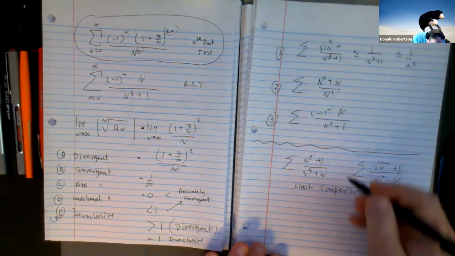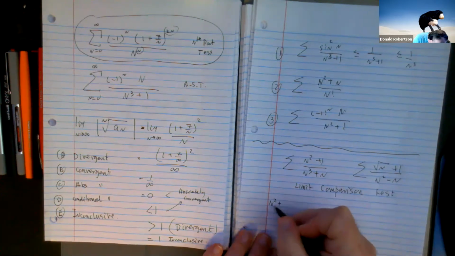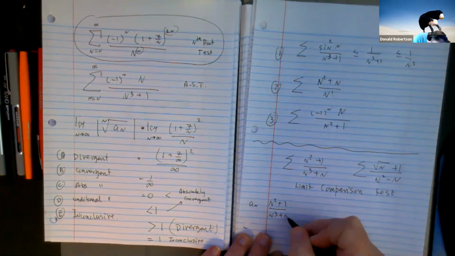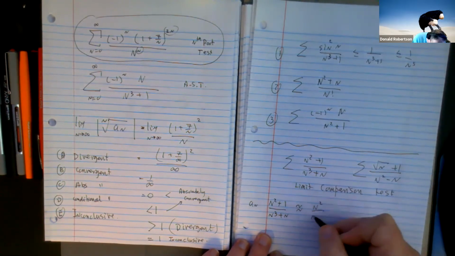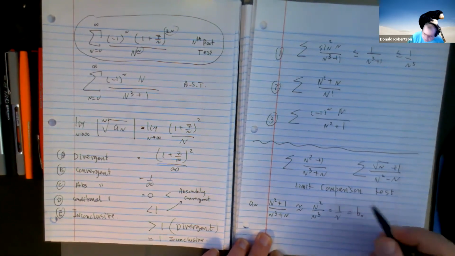For instance, in this one here, the original series is the untouched version, which is this guy. And then you do some surgery on it where you keep the highest power top and bottom. And you will use that as your comparison.